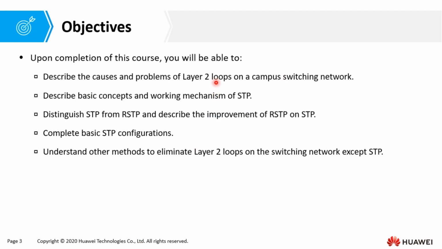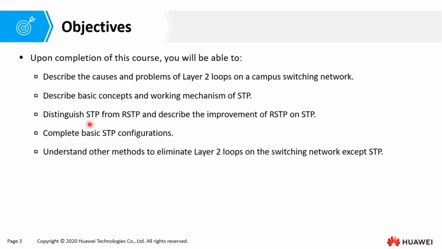So what you are going to learn on this topic: you will see how layer 2 local area network loops happen on the enterprise or Ethernet switching network. You will also see the basic components, concepts and working principle of STP.